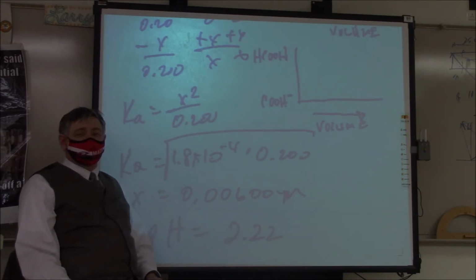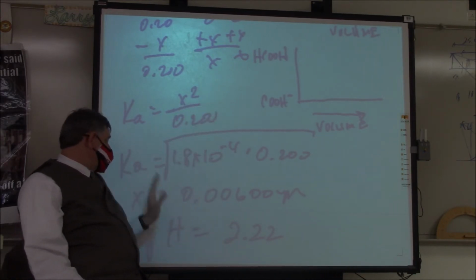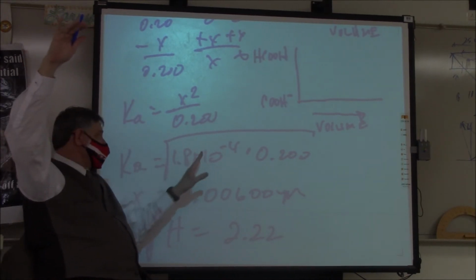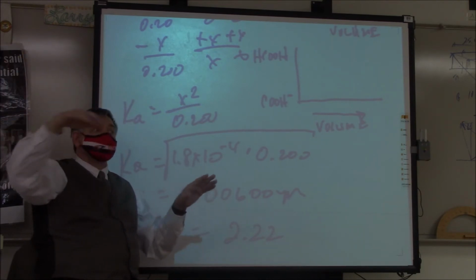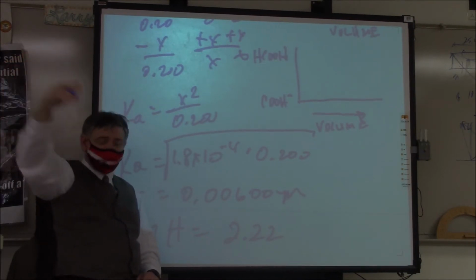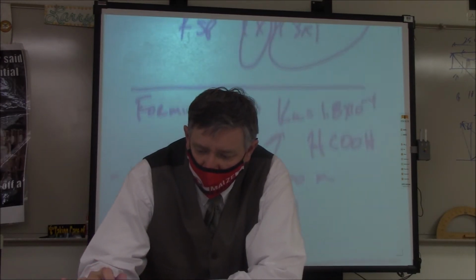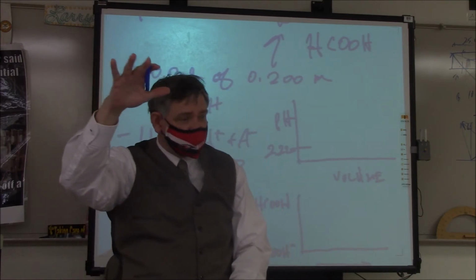Because if you raise your anion concentration, you have to lower your H plus concentration to keep equilibrium. Beautiful. Fantastic answer. I still want the exact same Ka value, so my anions would go up and my hydronium ions would go down to produce the exact same Ka value. So my pH then would have gone even higher. Okay? So we have a pH starting here at 2.22, so that's where my pH is going to start.